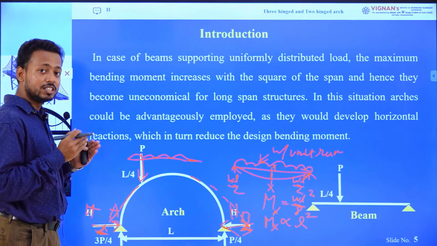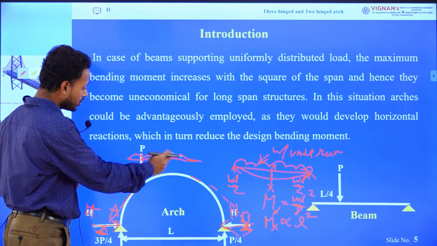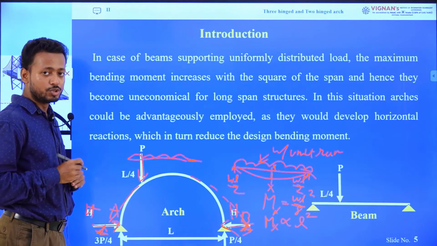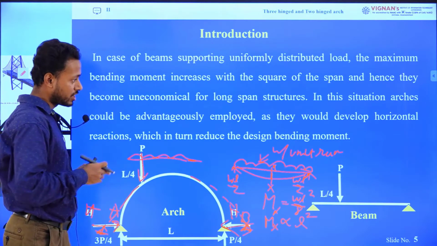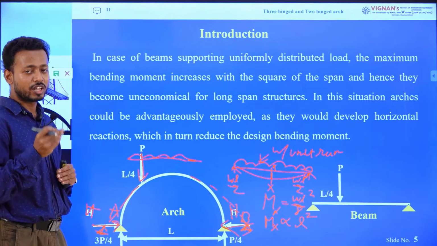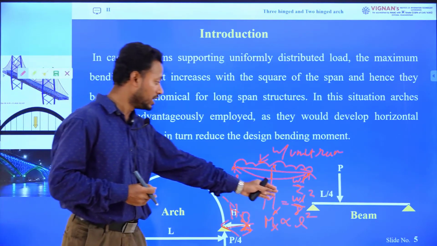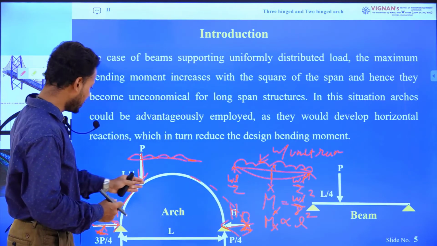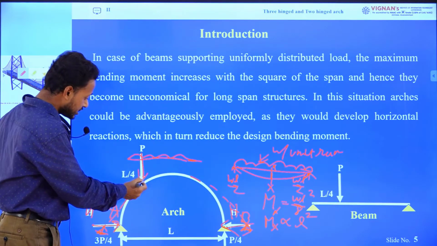So this is the advantage of an arch structure. Whatever load you put, either a concentrated load, a uniformly distributed load, or a combination of both, it does not get deflected, or the deflection is negligible compared to a beam structure, because in a beam structure there is no support against deflection, but here it has support from both sides against its deflection.